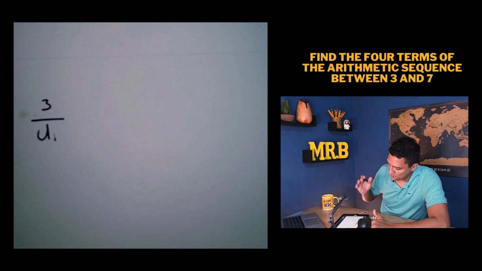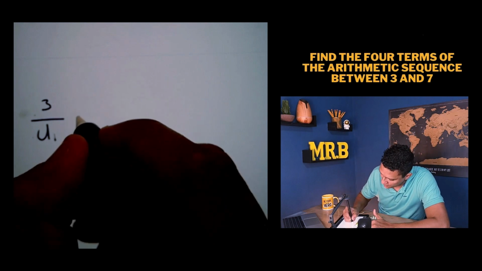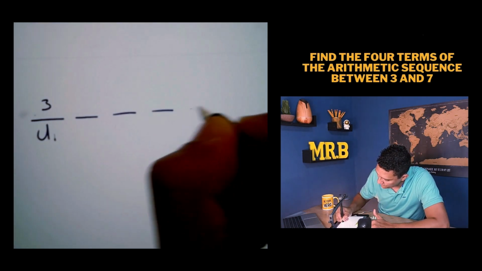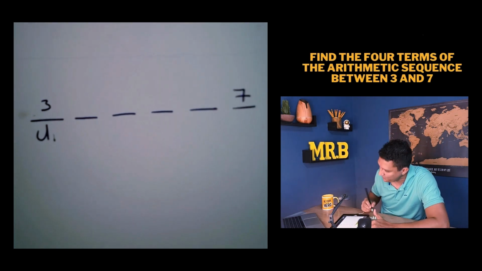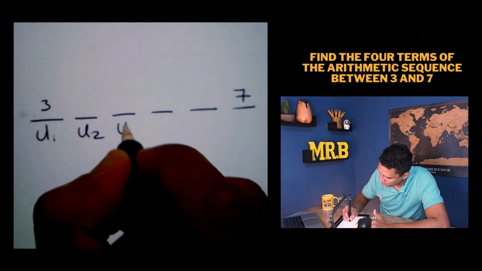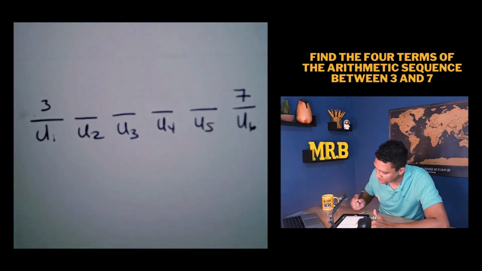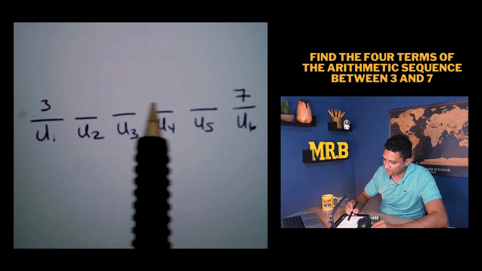Then between 3 and 7, there are four terms: 1, 2, 3, 4, and then the last term is 7. So this is the second, the third, the fourth, the fifth, and this is the sixth term. What they are asking us is to find these four terms.